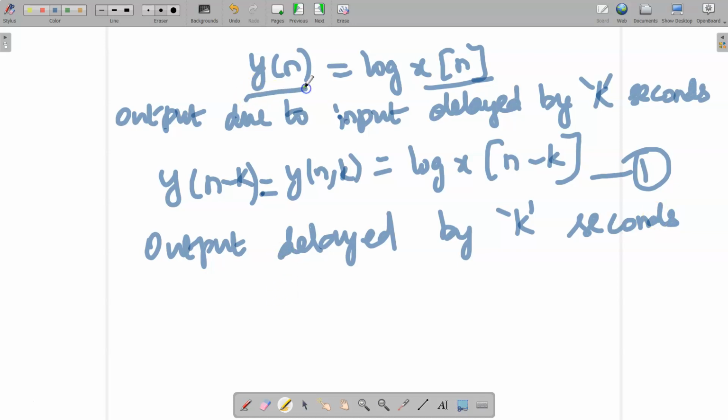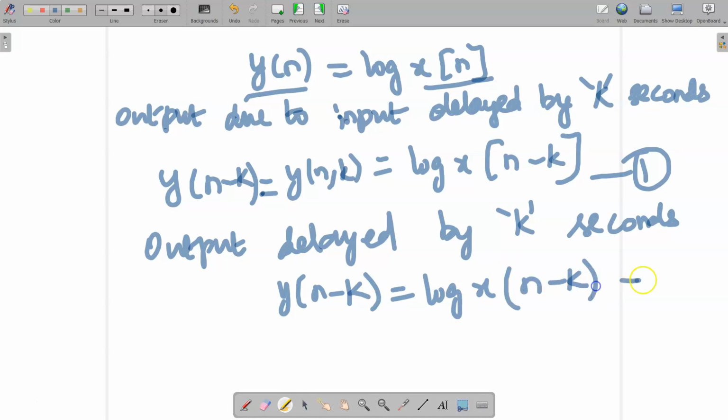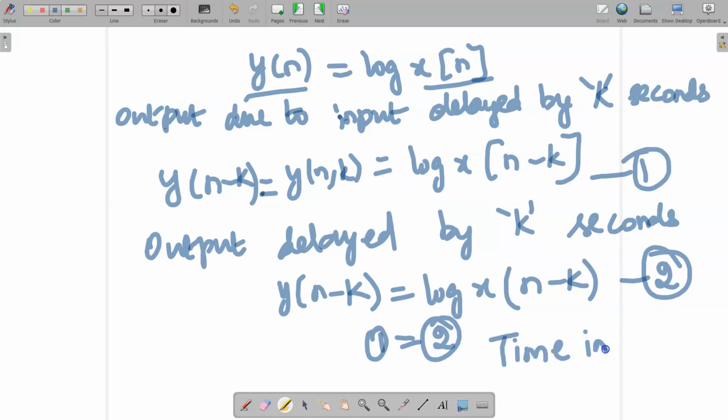So in the equation, y of n should be replaced by y of n minus k, and in log x of n, again n is replaced by n minus k. Now verify whether the first equation is equal to the second equation. Yes, both have the same terms on the right hand side. Whenever both are equal, it is said to be a time invariant system. Therefore, the system is said to be time invariant.